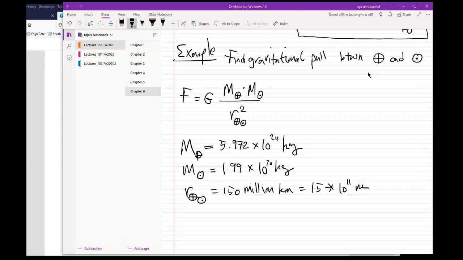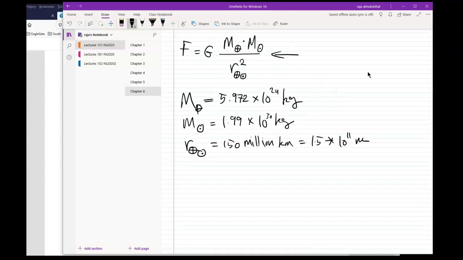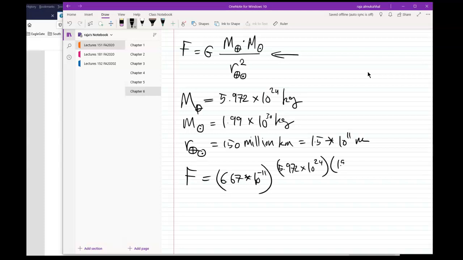So now I want to calculate the gravitational pull using this formula right here. So let's do it. The force is equal to G, which is 6.67 times 10 to the negative 11, and mass of the Earth is 5.972 times 10 to the 24th, Sun 1.99 times 10 to the 30, divided by the distance between them, 1.5 times 10 to the 11 quantity squared.